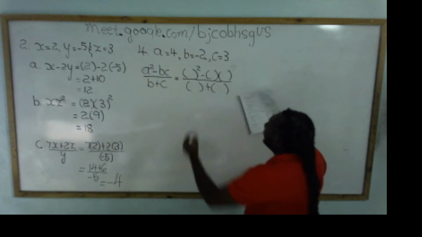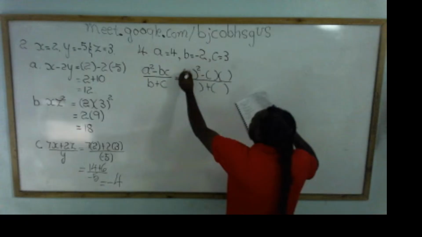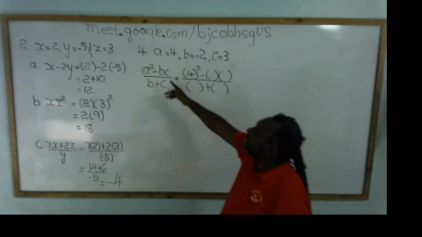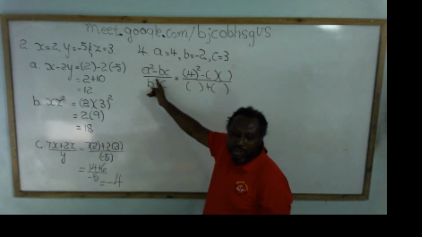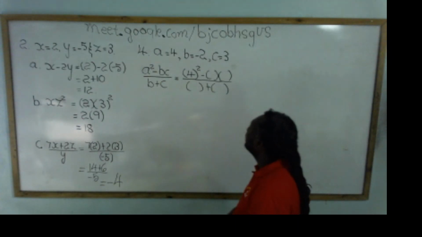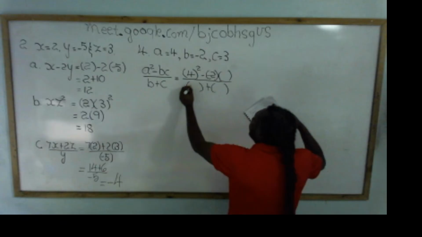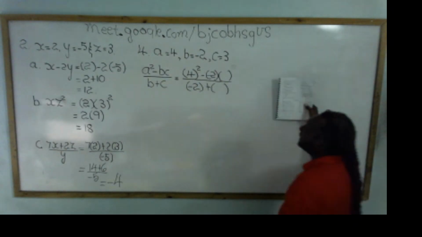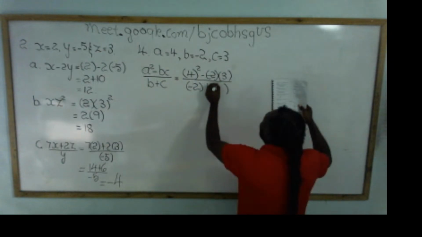A is 4. When you are putting in the figure for B, you put it in all occurrences of B. So B is negative 2, so you're going to put a negative 2 here and a negative 2 there. And then of course C is 3, so you're going to put a 3 here and a 3 there.